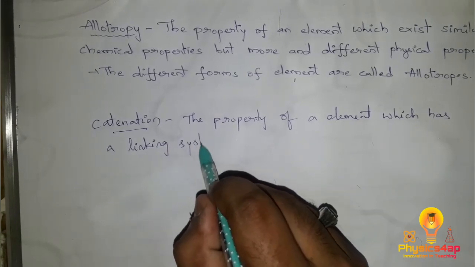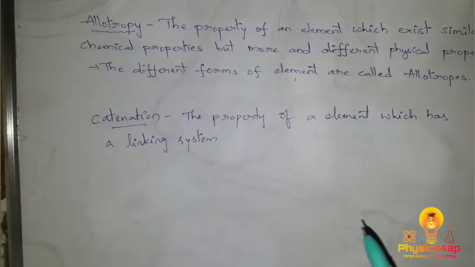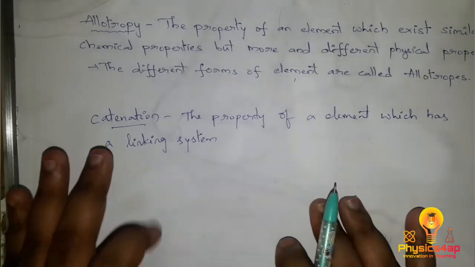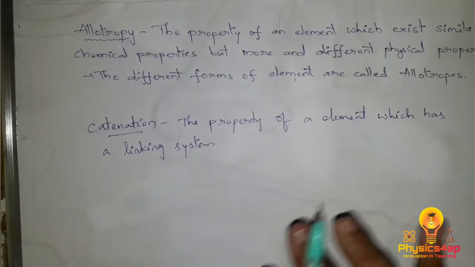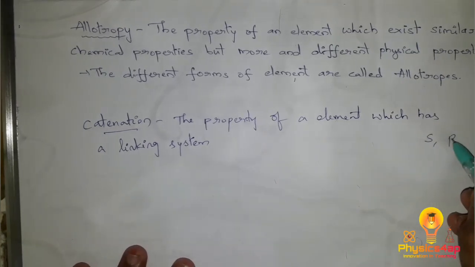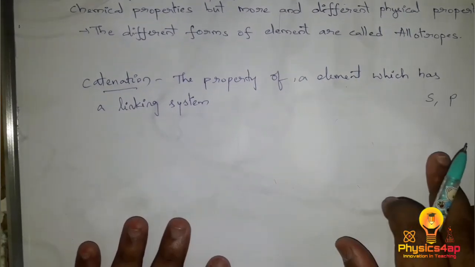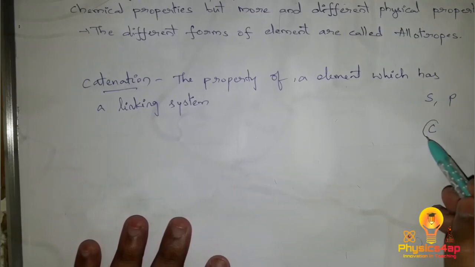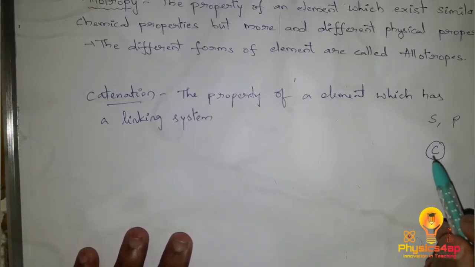Sulfur, phosphorus, and some other elements also have the property of catenation. But when compared to sulfur and phosphorus, carbon can form the longest chain system.